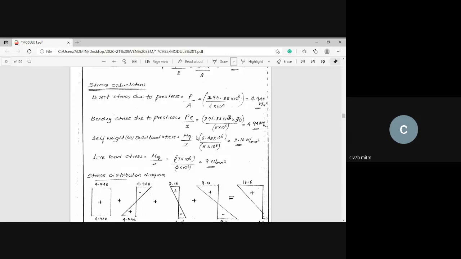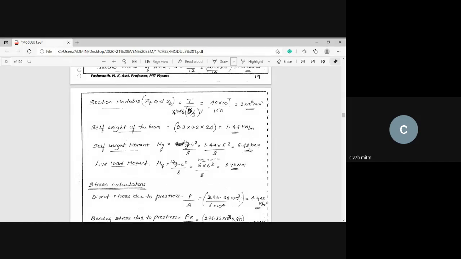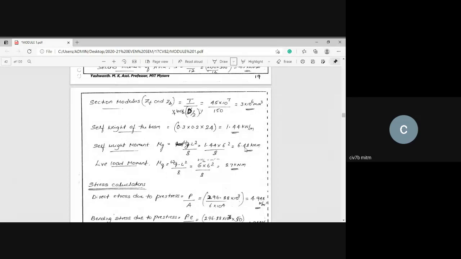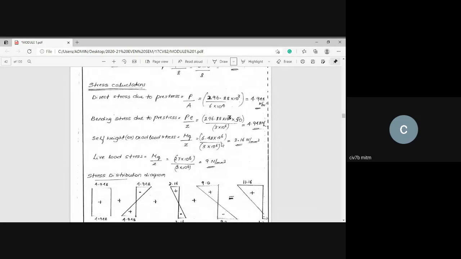Since I have told you the stresses should be in Newton per millimeter square, please note down that your moment is in kilonewton meter. You need to convert that into Newton millimeter. Hence, 6.48 into 10 to the power of 6 Newton millimeter divided by 3 into 10 to the power of 6 millimeter cube, and the final answer will be 2.16 Newton per millimeter square.